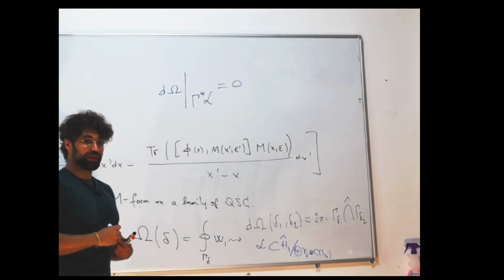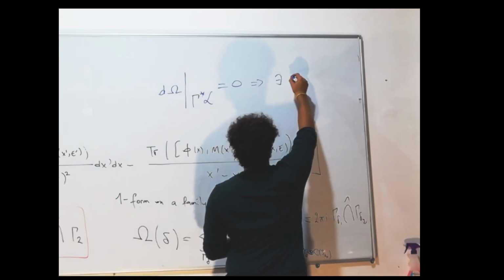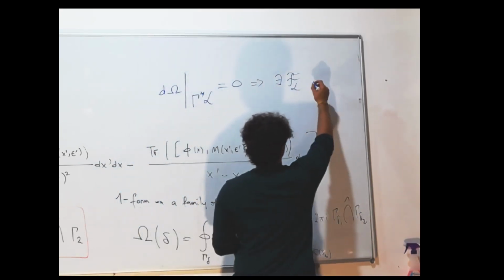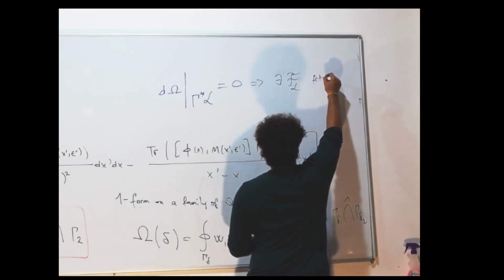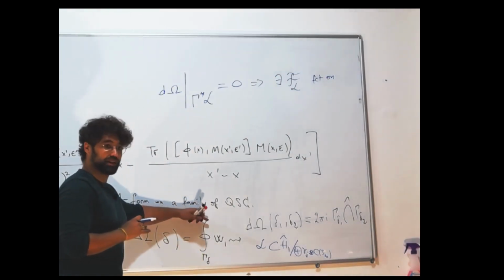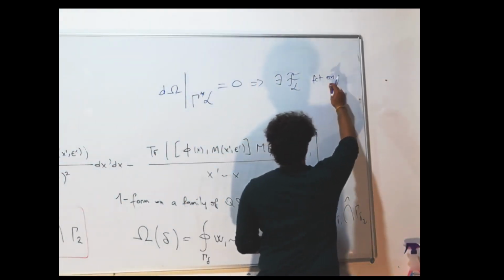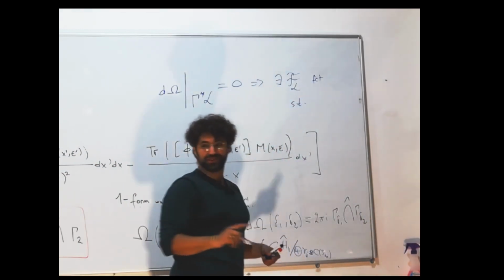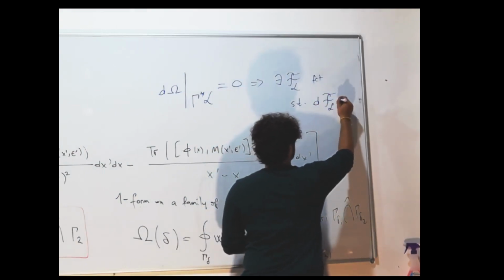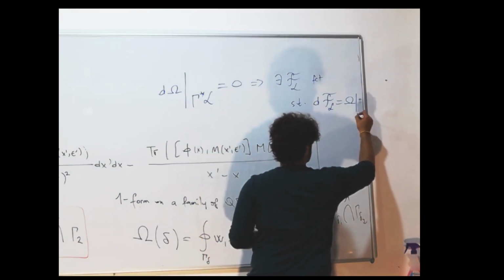Okay, which implies the existence of a function, say curly f of that Lagrangian, on a subfamily that integrates the Lagrangian, such that, my time is up, such that d of f_L equals omega restricted to the subfamily.